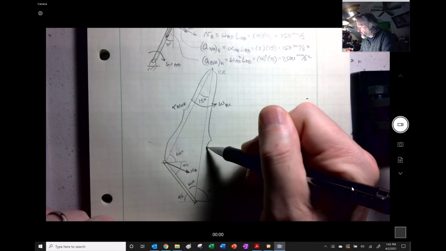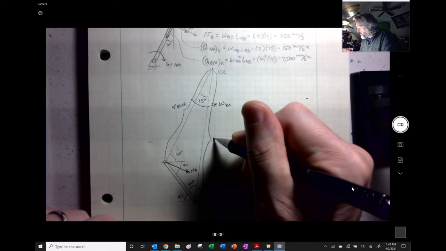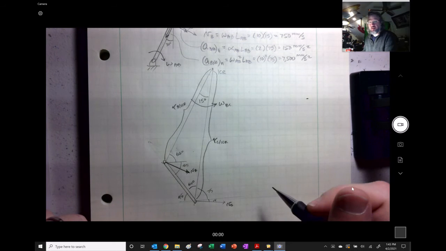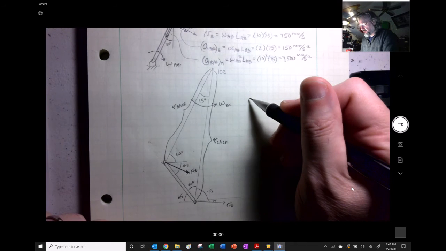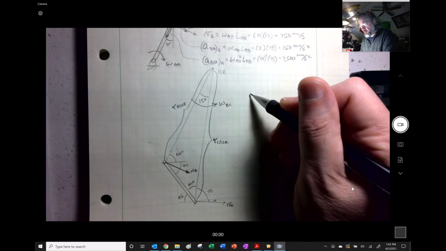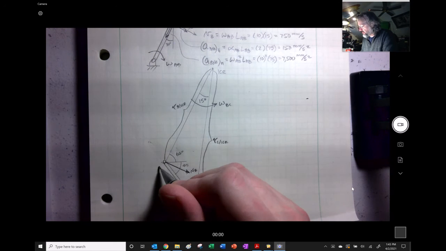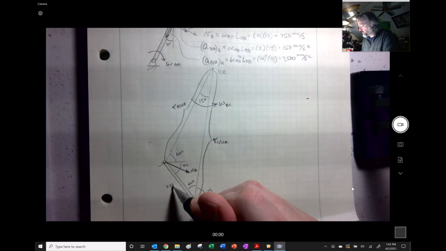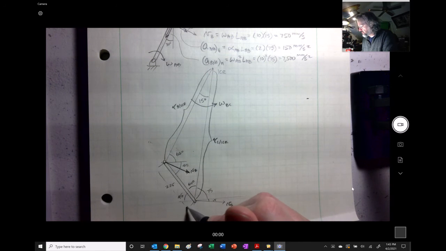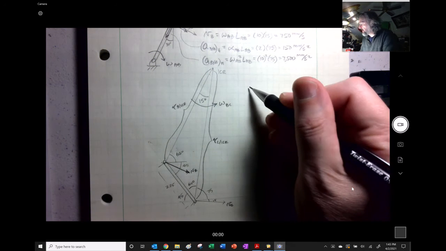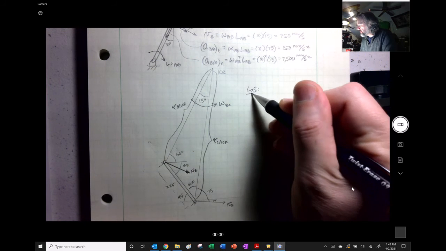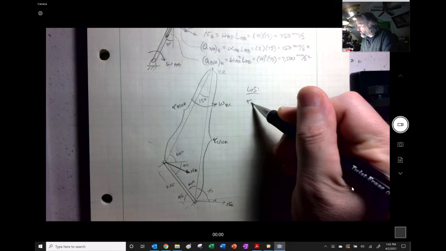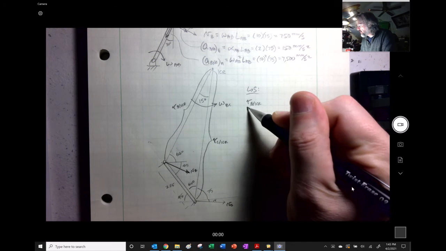And my RC with respect to ICR is right there. And I can find my, from law of sines, and I know this length right here is 225 millimeters.